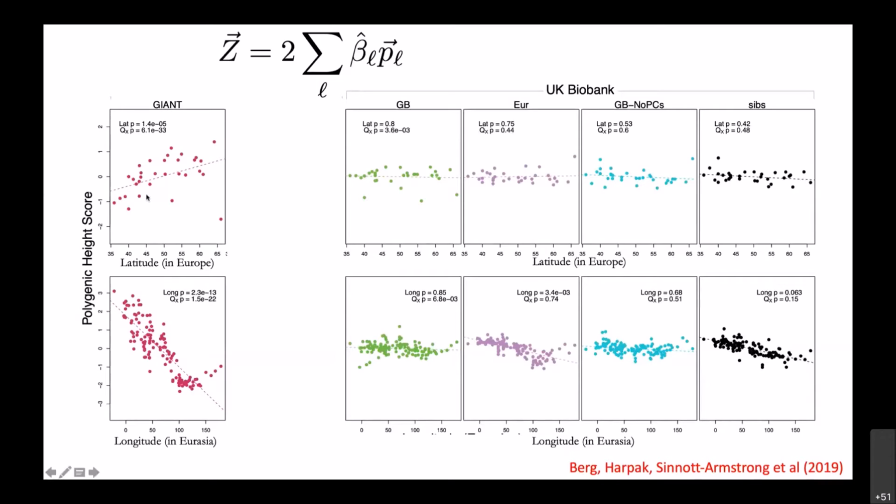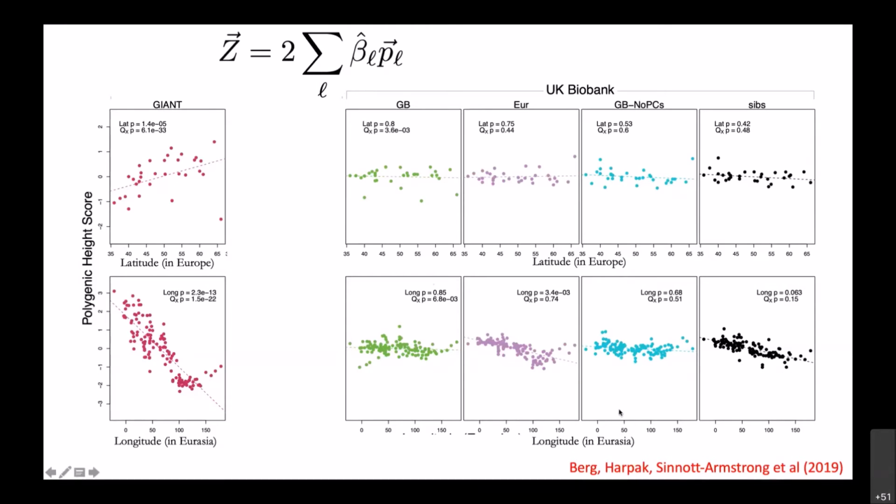Each of these columns corresponds to a slightly different way of doing the GWAS in the UK Biobank, swapping out which exact individuals you include, and which precise methods you use to try to control for population structure. This column on the right is a method that uses only comparisons within siblings, that should be totally immune to population structure.